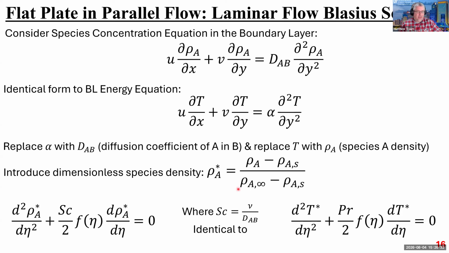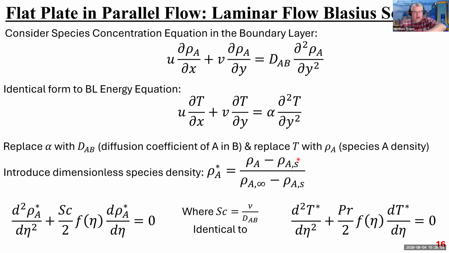To get from here to here, we just have to replace alpha with D_AB, and we have to replace T with a dimensionless species density, which we can do in the exact same way that we did for temperature. This is the species density at any location X, Y inside the boundary layer. This is the species concentration at the surface.